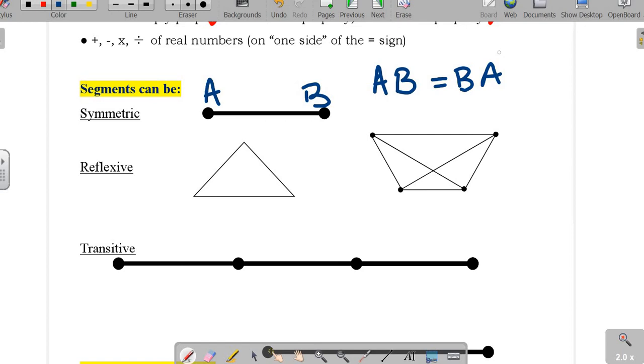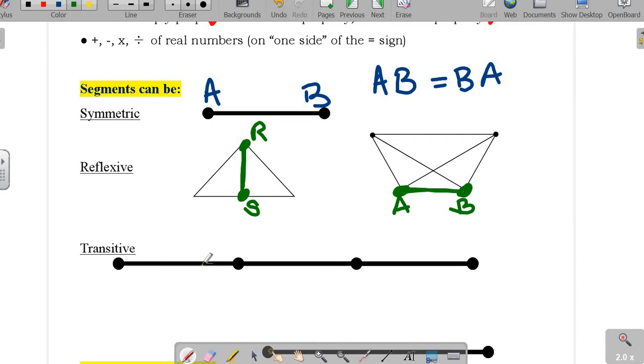Segments can be reflexive. Reflexive is where a segment is shared by 2 distinct shapes, exactly shared. So this really helps if you color code this. So I have 2 segments here. I'm going to call this RS segment, and I'm going to call this AB segment.